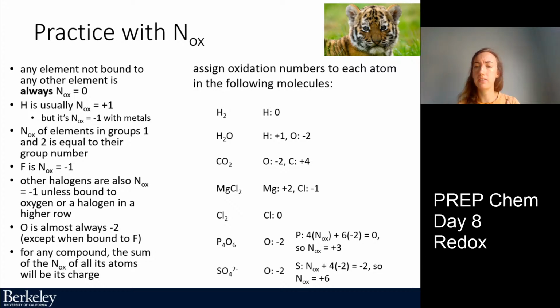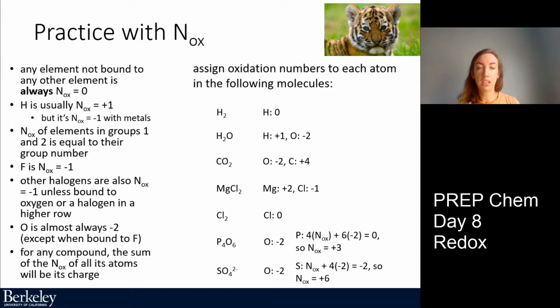So this kind of answers the last question in the chat too, which is what's the oxidation number of the whole compound? The oxidation number of the whole compound is just going to be its charge. So we really only specifically think about oxidation numbers of atoms. When we're thinking about the whole molecule, all we care about is what its charge is.